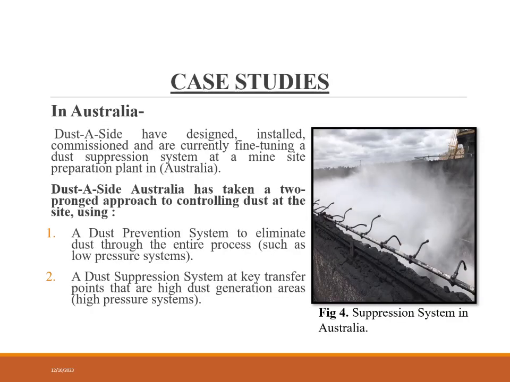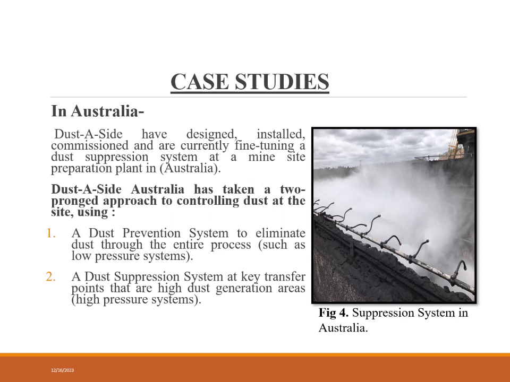Now we are going to discuss our third case study. In Australia, Dust Aside has designed, installed, commissioned and recently fine-tuned a dust suppression system at a mine site preparation plant. Dust Aside Australia has taken a two-pronged approach to controlling dust at the site.